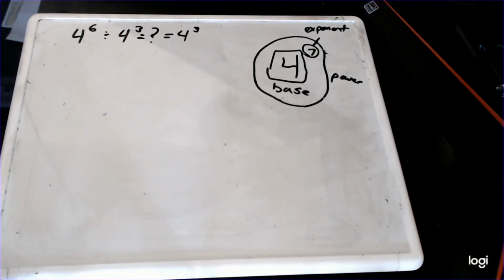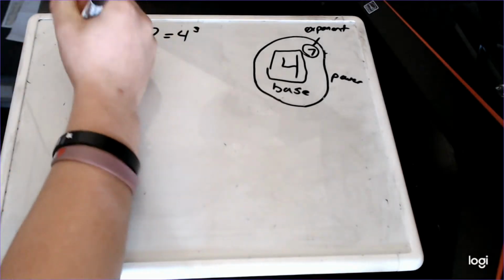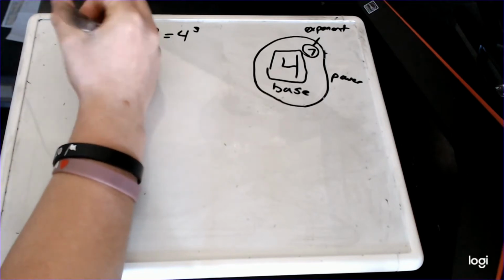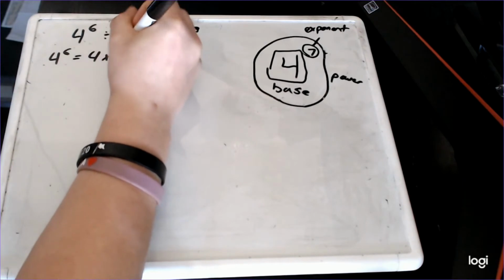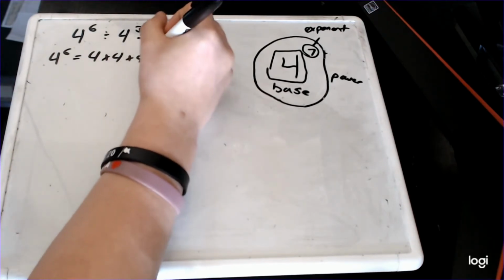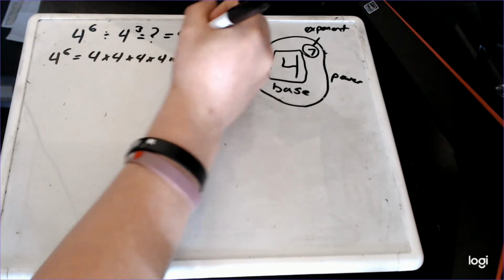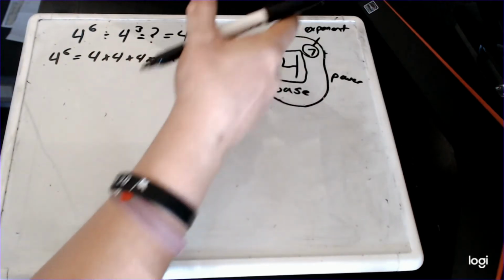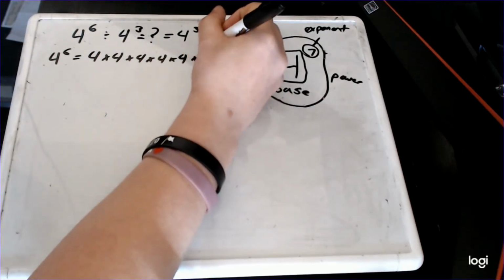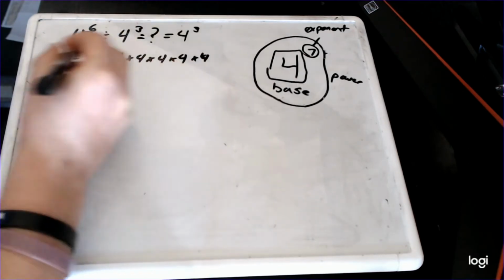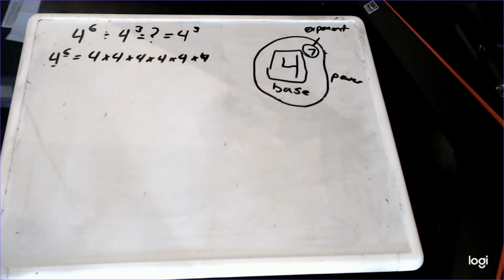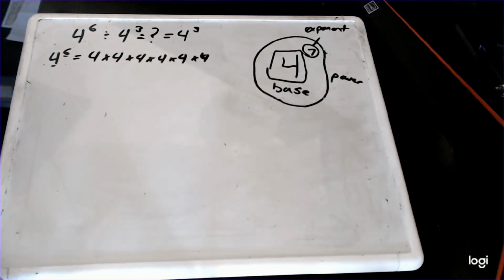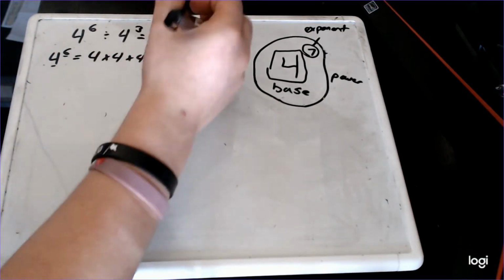Now, why? Well, again, let's recall. Let's rewrite this 4 to the 6. So 4 to the 6 equals 4 times 4 times 4 times 4 times 4 times 4. Right? We have 6 4s. 1, 2, 3, 4, 5, 6, because we have a 6 in our exponent, and our 4 is our base, so we have 6 4s. All right, and then let's write 4 to the 3.